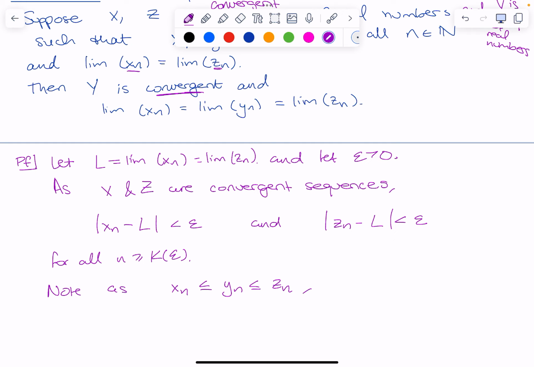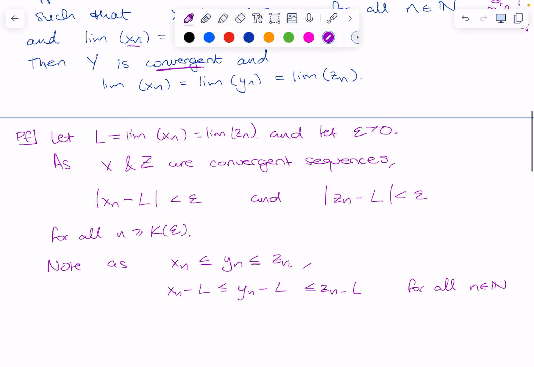Because we know this inequality, we know xn minus L is less than or equal to yn minus L, which is less than or equal to zn minus L. And this is just true for all n in the naturals, right? Okay. Just making sure we're looking around the room.